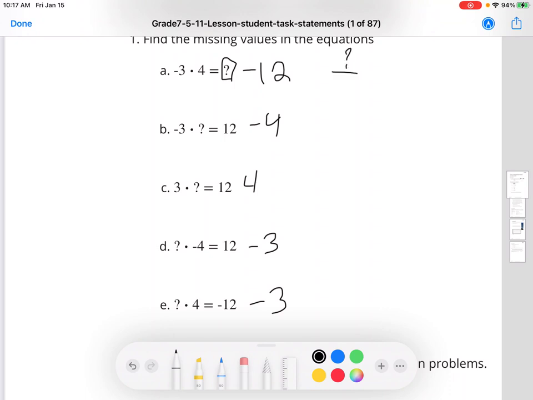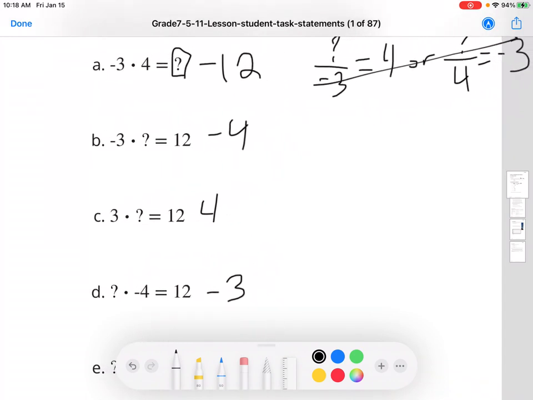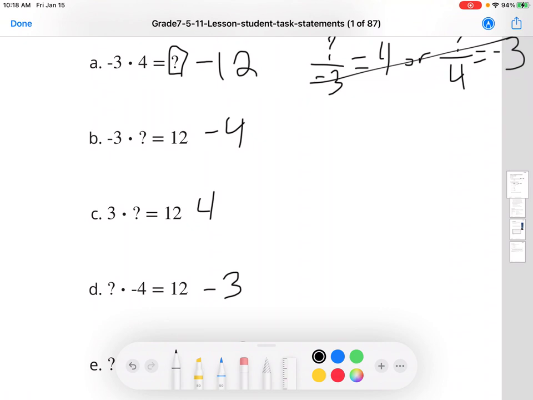You can, but it'd be unknown divided by negative 3 equals 4, or unknown divided by 4 equals negative 3. But since we don't have the number that we can divide by, we don't need to write an equation for this one. So on B, negative 3 times a number equals positive 12.